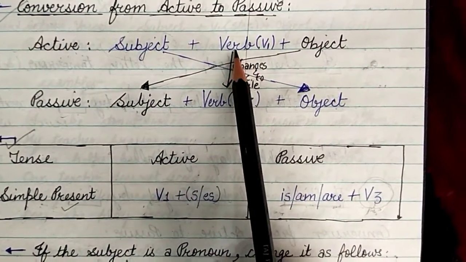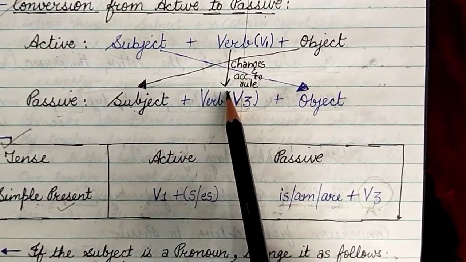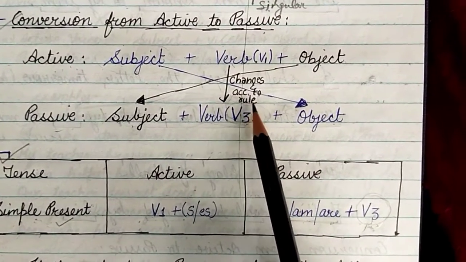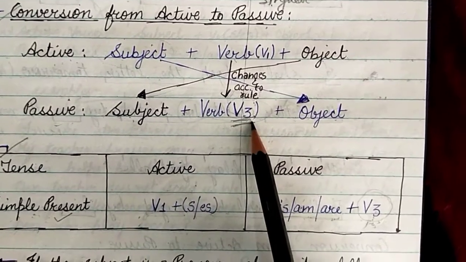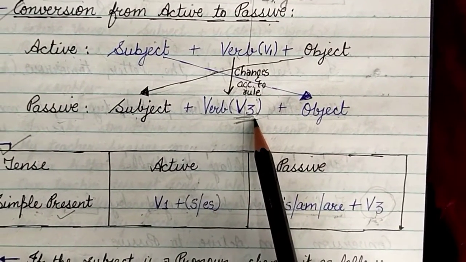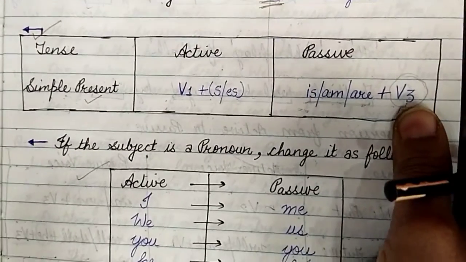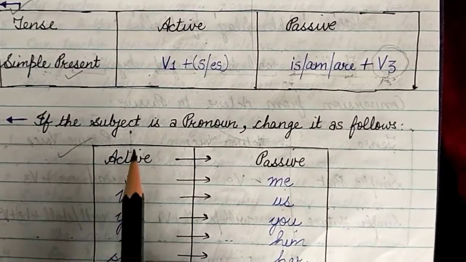And the verb gets changed. There is a change in verb, right? And normally, which I have told you, in passive voice, there is always a use of the third form of verb. Now, let's quickly revise what were the rules for the simple present, simple past, and simple future.